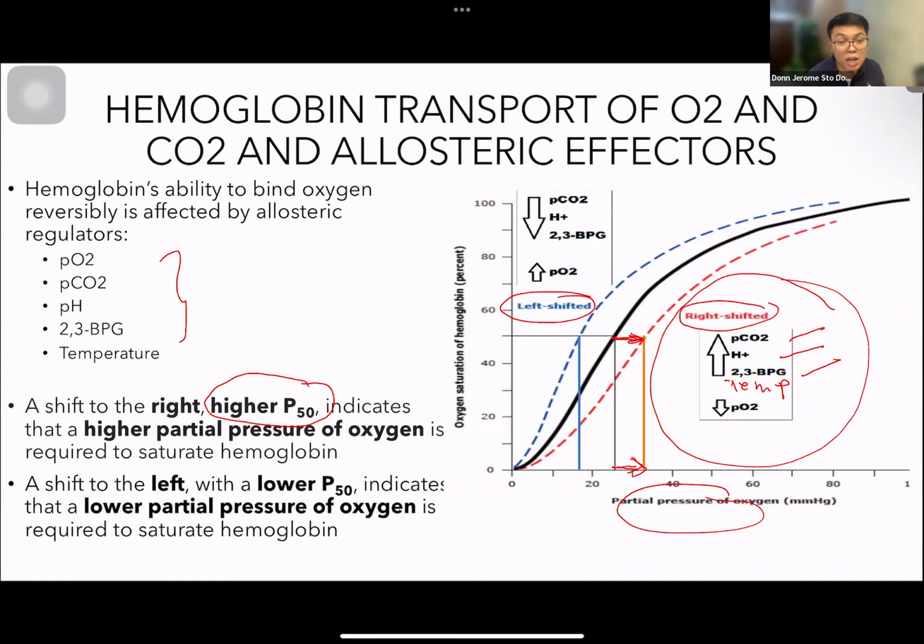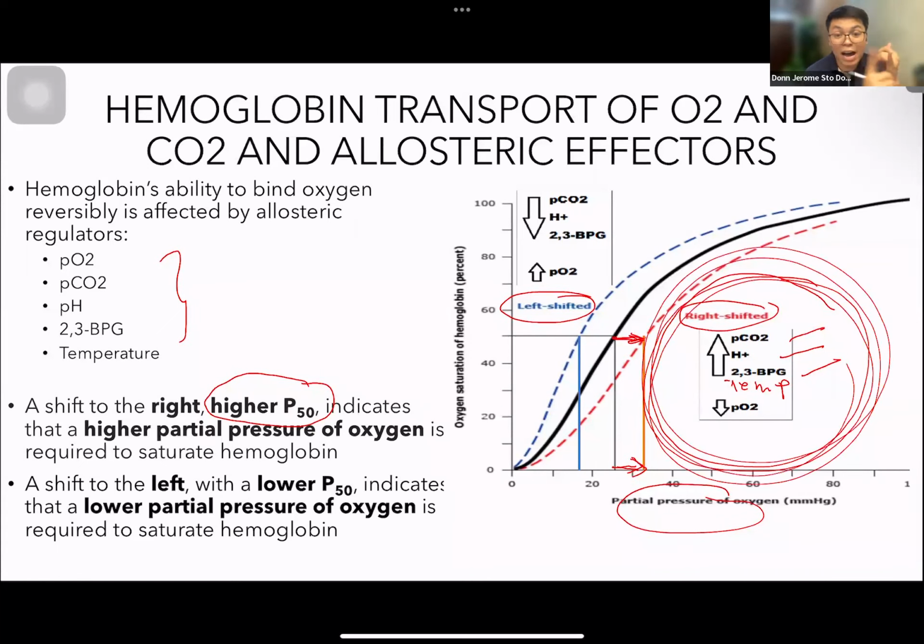In peripheral tissues, are they actively metabolizing? Yes. So imagine these factors are seen in actively metabolizing tissue. Do they have high PCO2? Yes, it's an end product of cellular metabolism. Do they have high hydrogen concentration? Yes. Do they have high 2,3-BPG? 2,3-BPG is an intermediate of your glycolysis. I know you haven't discussed glycolysis yet, right? So glycolysis is active when cells are actively metabolizing.